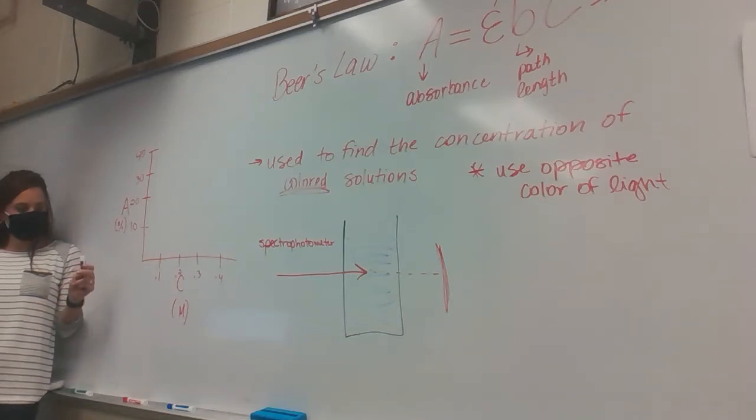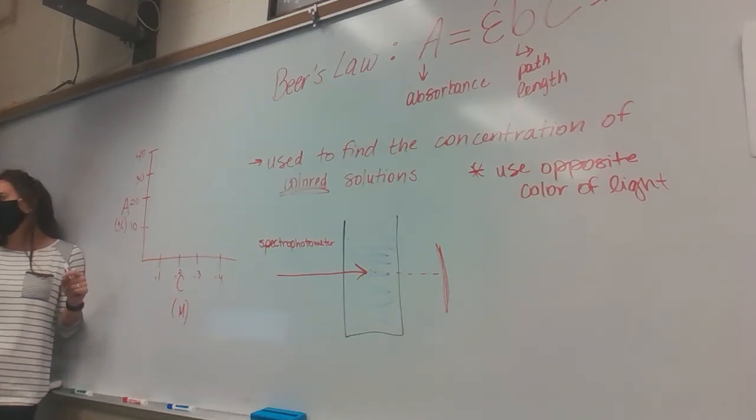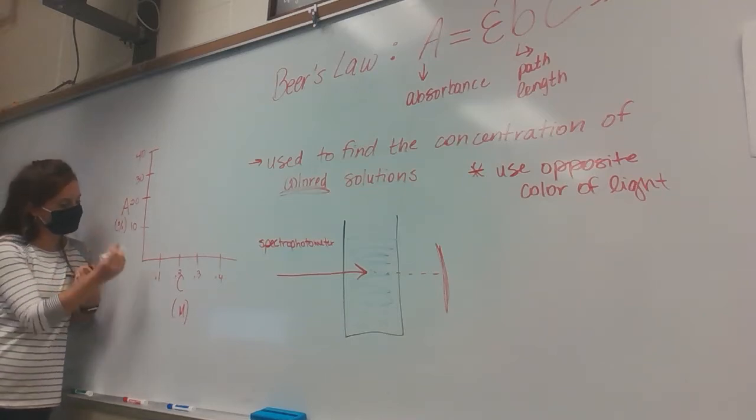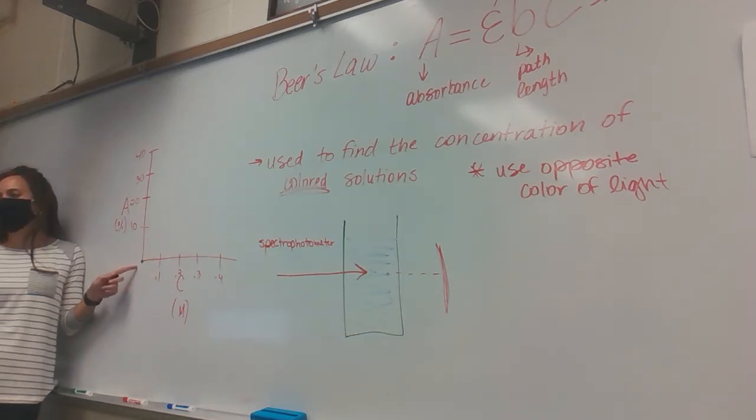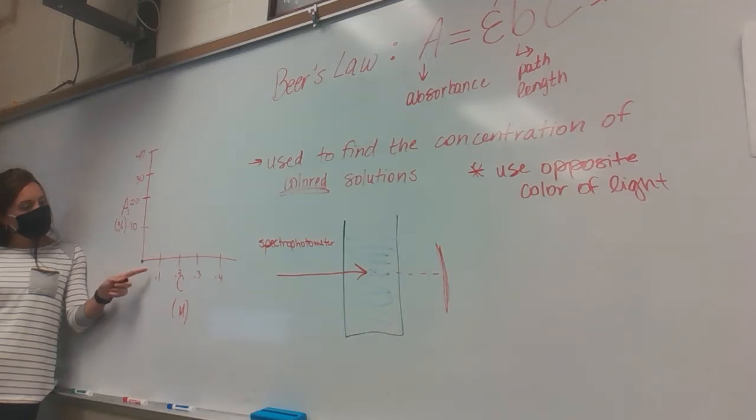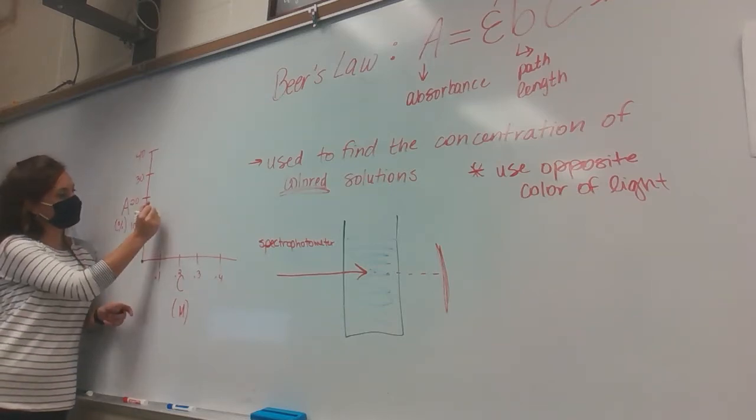Question 1. If your concentration is 0, pure water, what's your absorbance? Absorbance is 0. Transmittance is 100. So at 0 concentration, you have 0 absorbance. Okay? 0.1, let's say it's 15%.